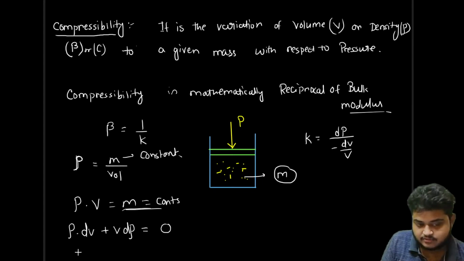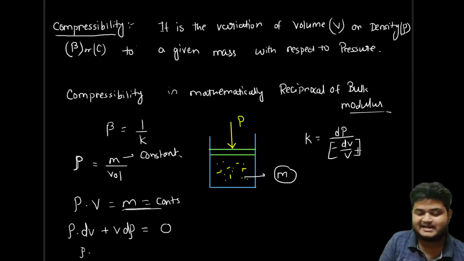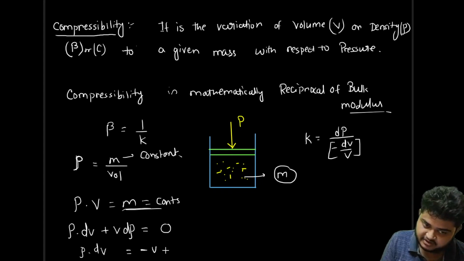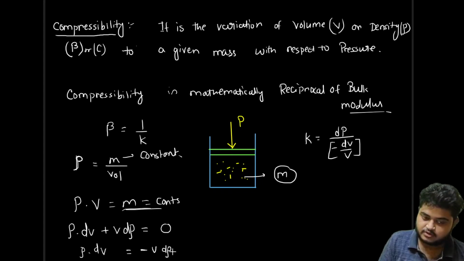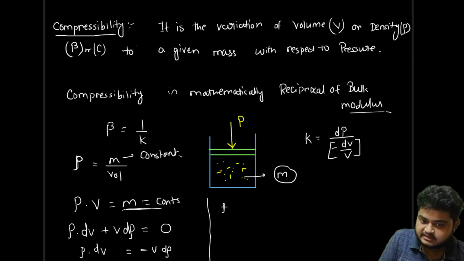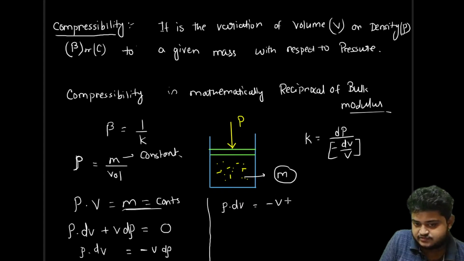So let us calculate in this form. We have dV here. Let us send this to the right hand side. Now here it is rho dV is equal to minus V dρ.